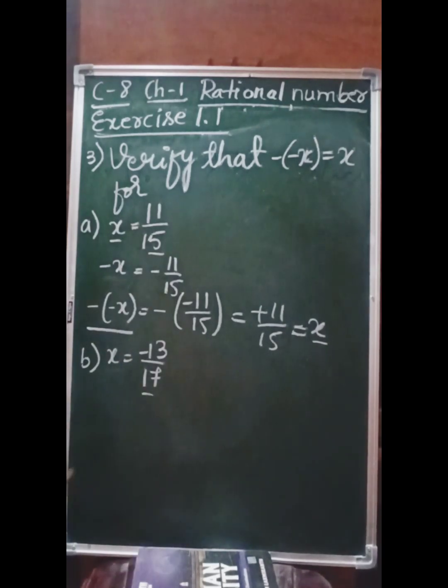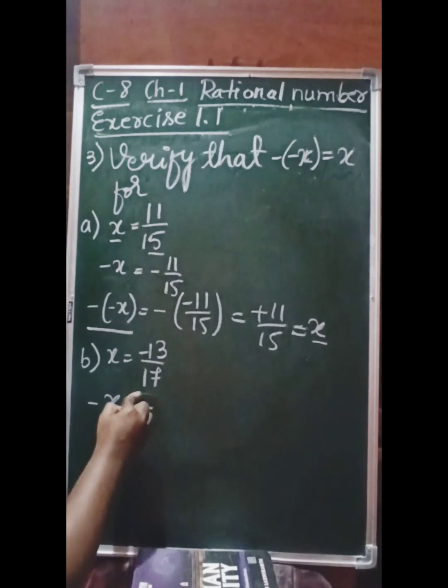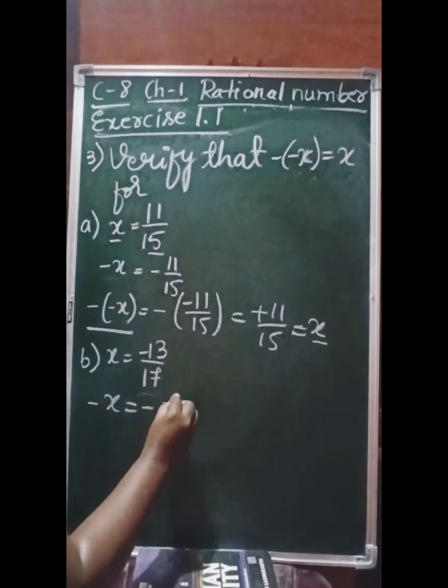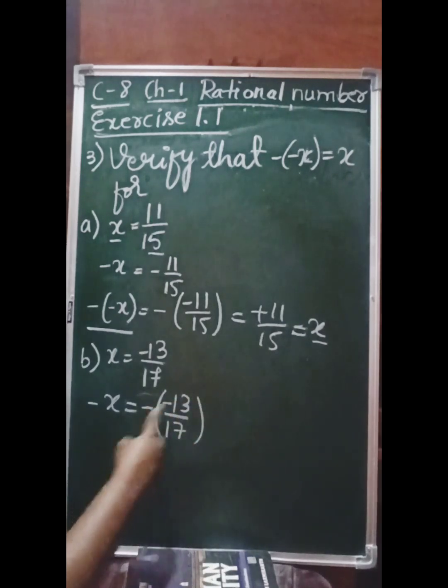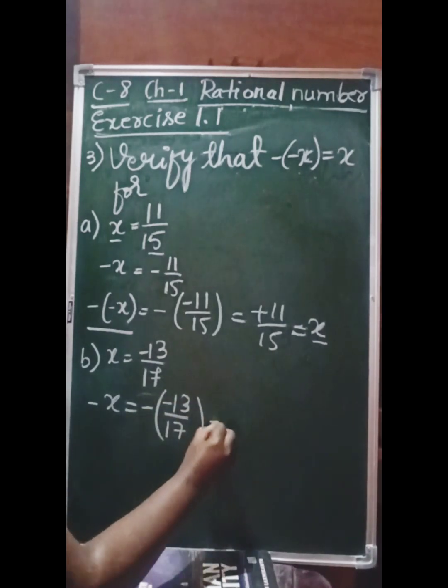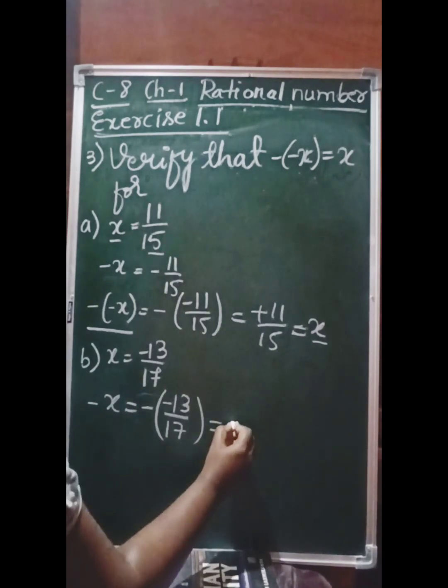So here negative they given, don't get confused, just consider minus x. Okay, multiply negative to x. At the same time multiply negative to the given number. Whatever the number they will give, you don't worry. Okay, so consider it multiply. So when we know that minus into minus is plus, right?